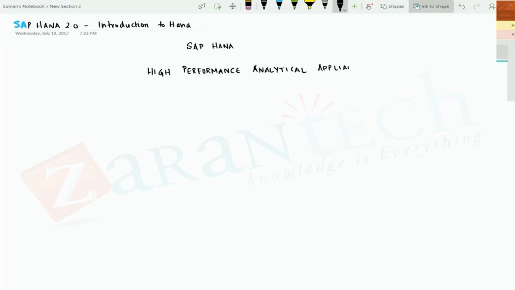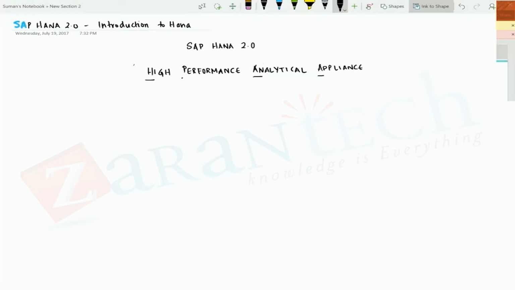So let's give that information to everybody. So the H in the high, the AN in analytical, and the A for appliance is what is called HANA, SAP HANA. So currently we are looking at a version called 2.0.